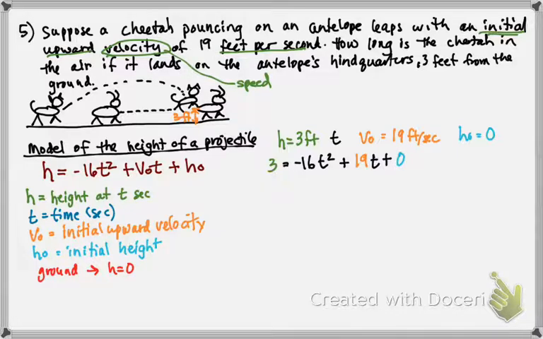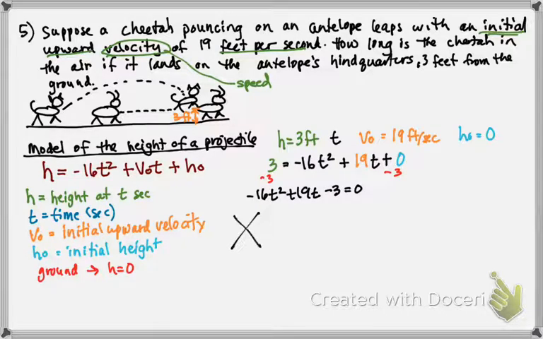Okay? So now we're going to get everything on one side, 0 on the other. So I'm going to go ahead and subtract 3 from both sides. That gives me negative 16t squared plus 19t minus 3 equals 0.